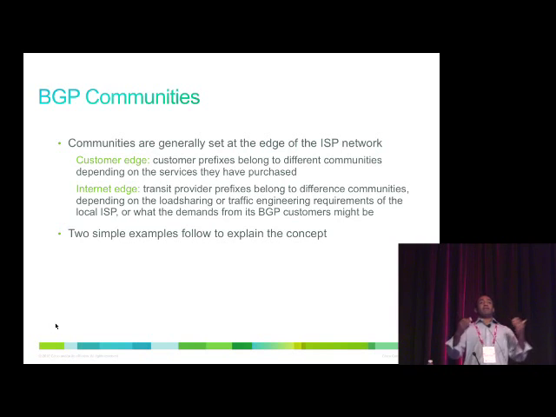Whenever you receive routes, you classify the prefix or the route into a class or into one or more communities, and then you assign those communities to that route. Then internally, a policy based on that community is used to either block that update from going out somewhere, or increase the route preference, or advertise it or block it to another peer, and so on.